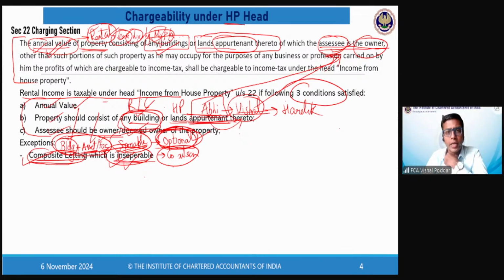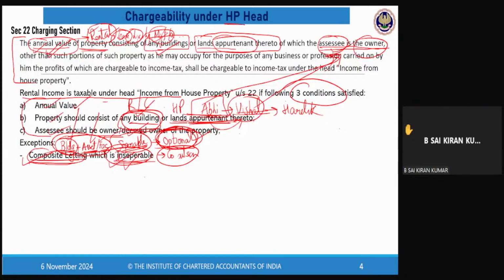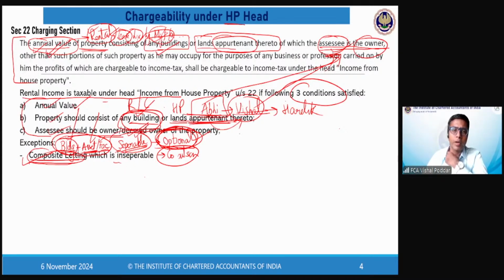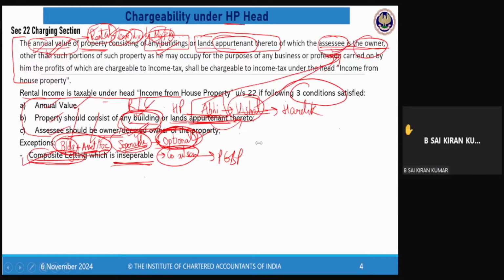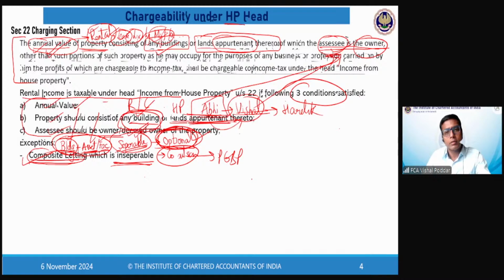Did you get my point? So you have put the entire amount under one name, that is rent, right? Yes, sir. Now first check whether your case is separable or inseparable. If your case is inseparable, no problem, because in case of inseparable, we just discussed the entire rent would be going to the head PGBP. So you need not bifurcate it. No, income from house property, sir. Beta, I'm also answering you. Are you not understanding what I just answered?